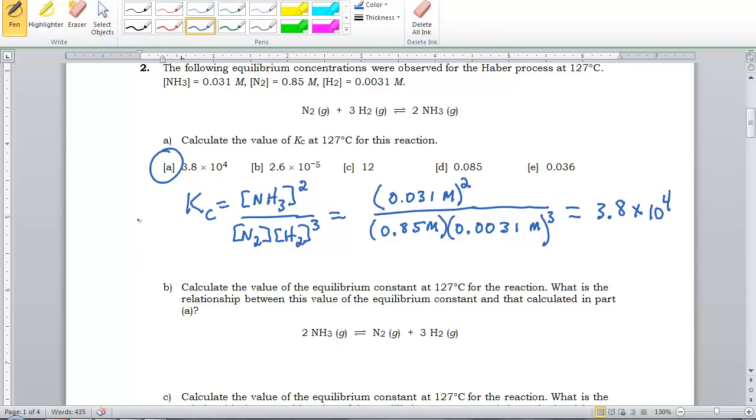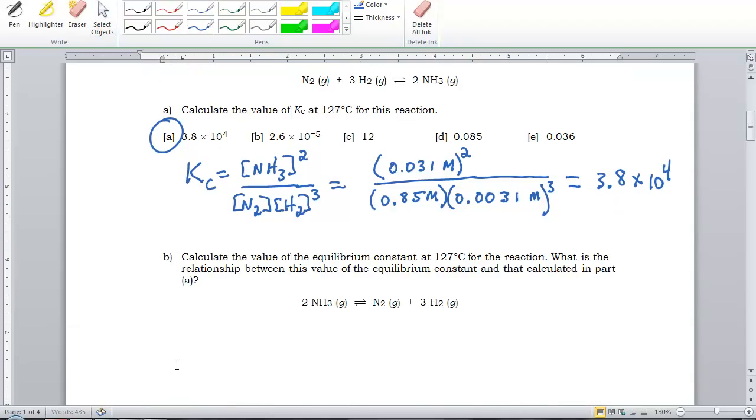So let's go down to B. You might already notice that this reaction is the reverse of the original reaction we started with in problem 2a. But let's go ahead and set it up as if we didn't know that, and then see how things are related.